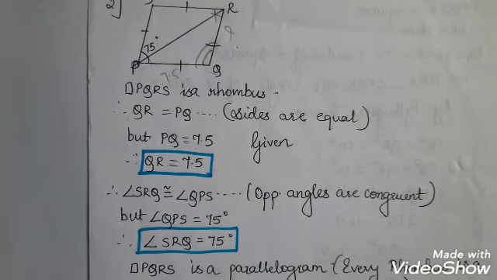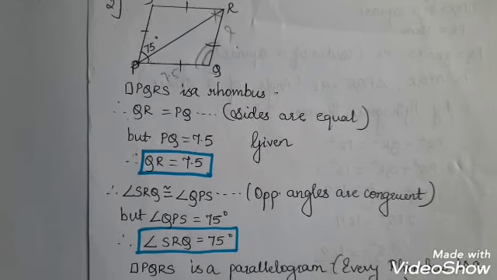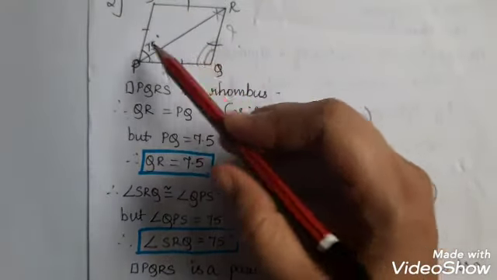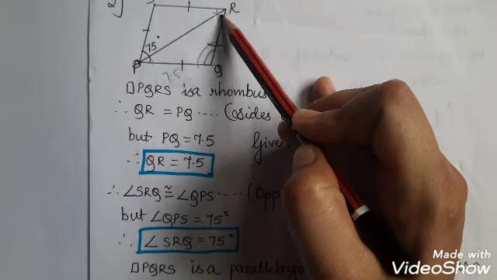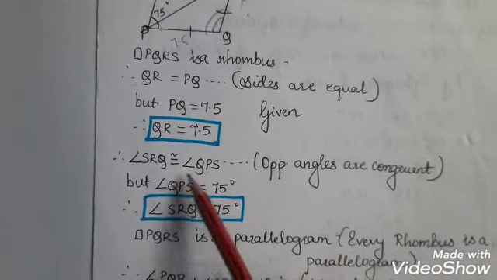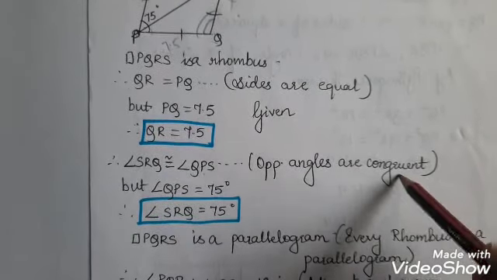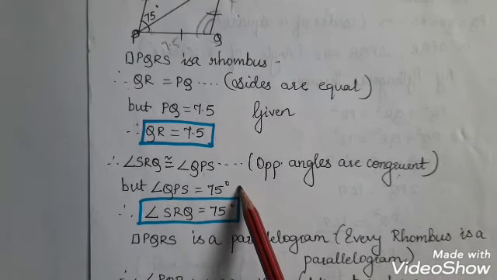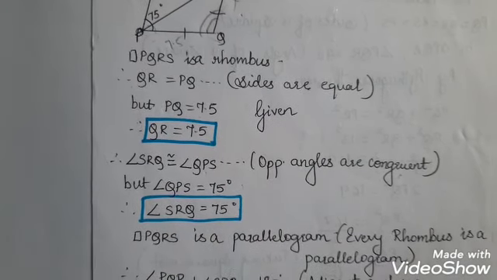We can see angle SRQ and angle SPQ are opposite angles, right? So angle SRQ is congruent to angle QPS. Opposite angles are congruent. QPS is 75 degree. That means angle SRQ is also 75 degree.